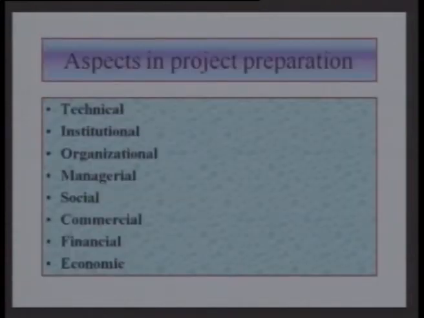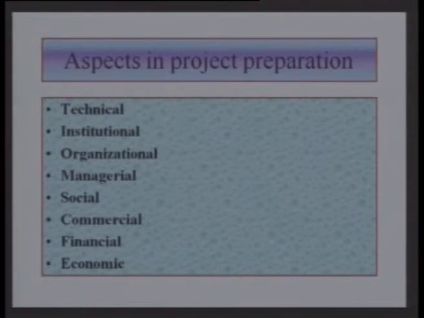Now let us try to understand what the aspects in project preparation are, what things should be taken into consideration while preparing a project. There are various conditions which need to be seen. We should take into consideration the technical aspect, the institutional aspect, and the organizational aspect, what the organization of project preparation or implementation should be. That needs to be clearly considered and analyzed.